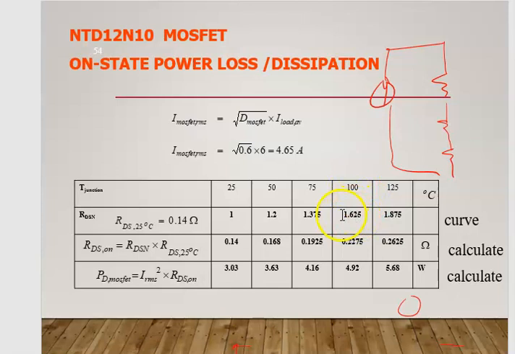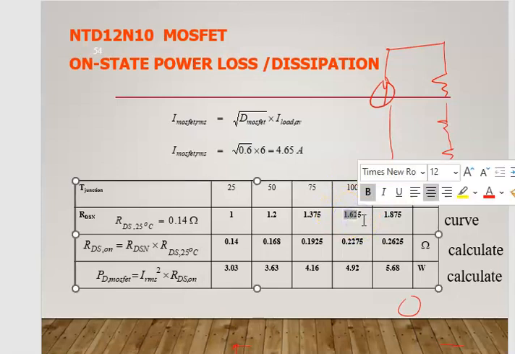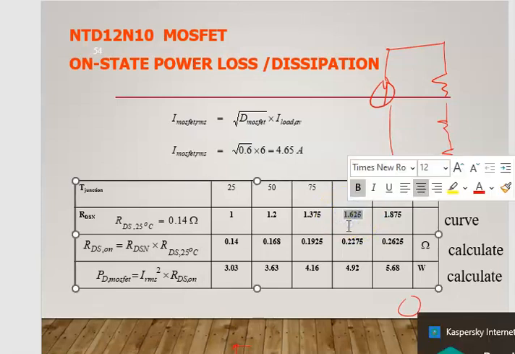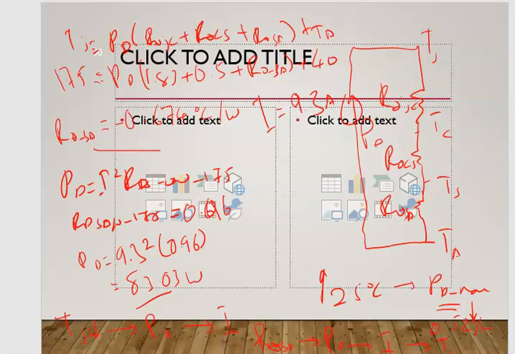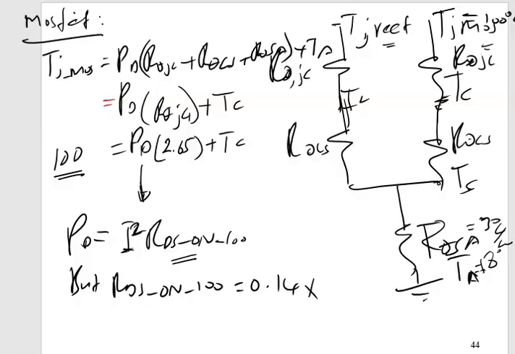You might not get up to the actual value of 0.625 like that, and maybe you can write it as 1.6 or 1.63. This is sufficient because we are just projecting. So 0.1 is 1, so times 1.3 like that.